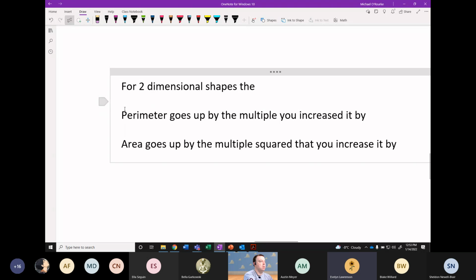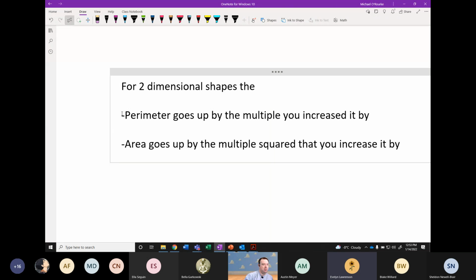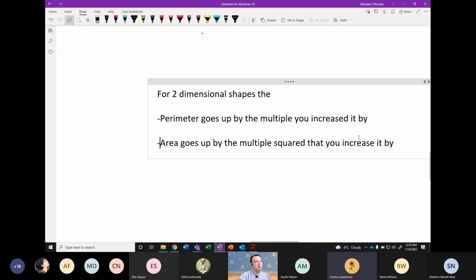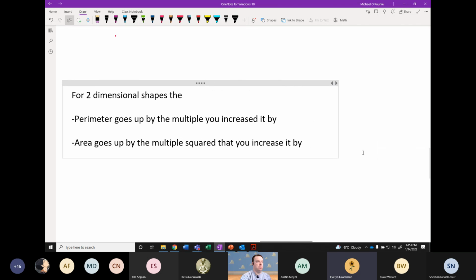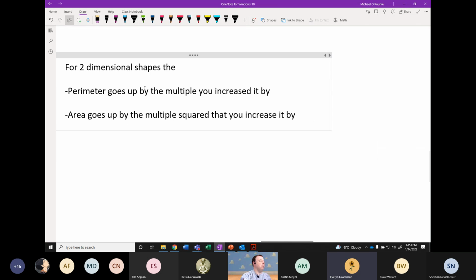Does that make sense, everyone? Oops. Oh, come on. For two-dimensional shapes, the perimeter goes up by the multiple you increase it by. So if you double it, the perimeter doubles. The area goes up by the multiple squared that you increase it by. So I'll make a little diagram below here.